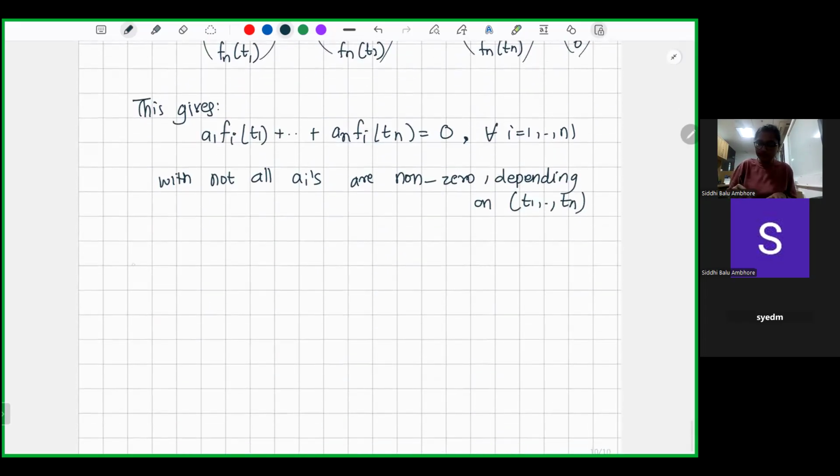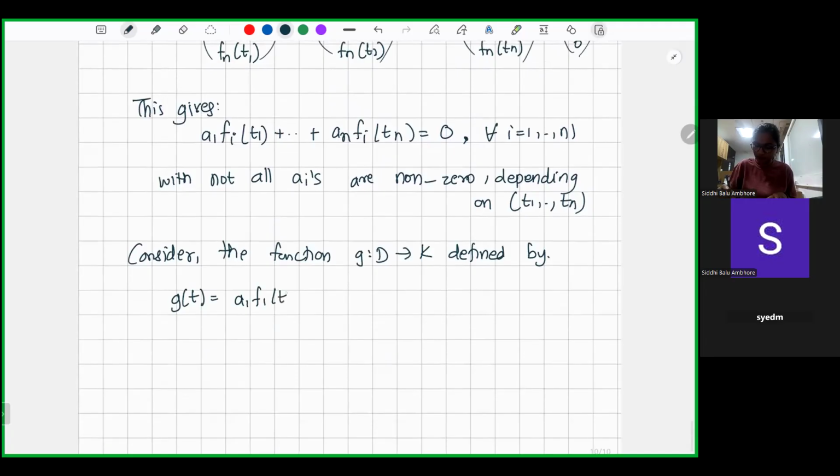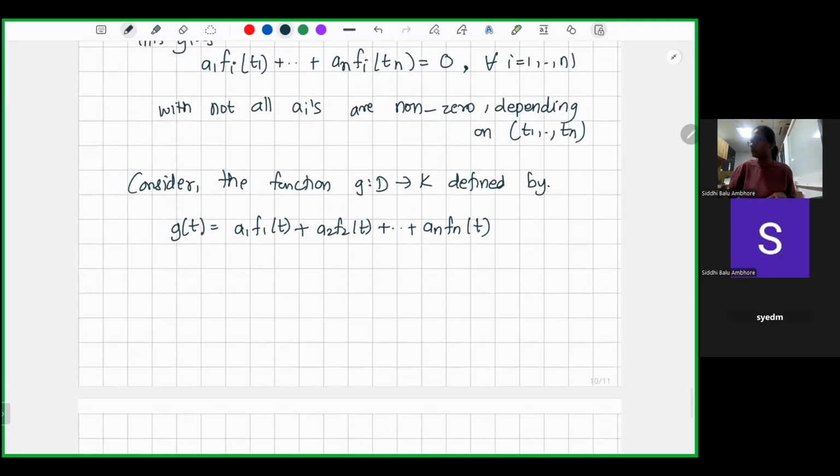So now consider this function g from D to K defined by g of t equals a1 f1 t plus a2 f2 t and so on up to an fn t. Now this is an entirely different function.